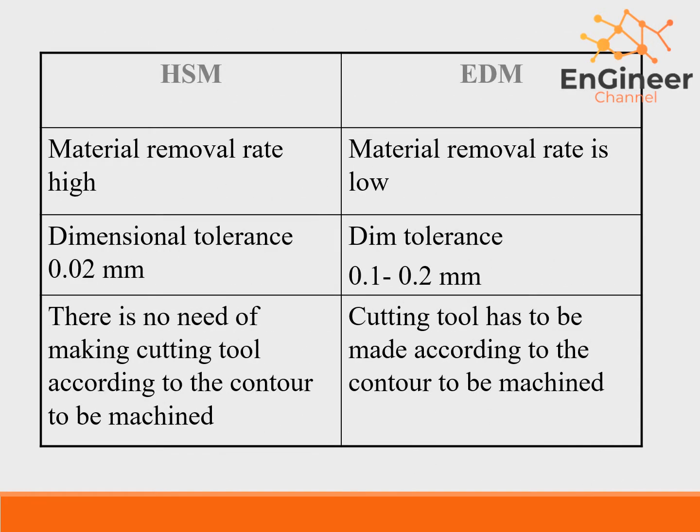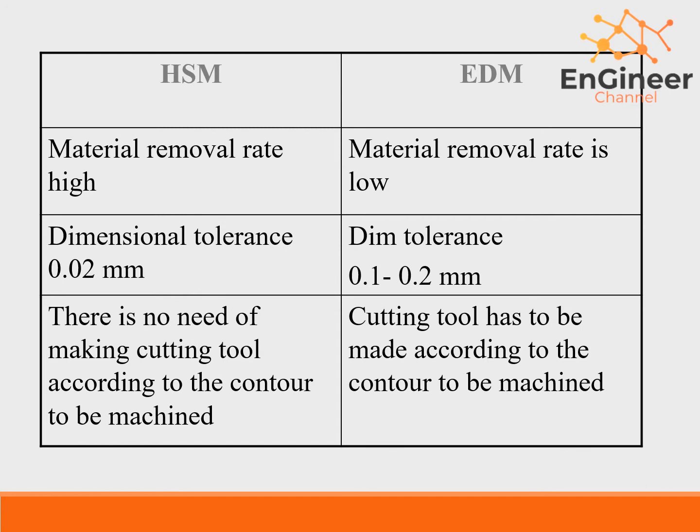Now passing to another comparison, which is the comparison between HSM and EDM. In HSM we have a high material removal rate, but in EDM the material removal rate is low.